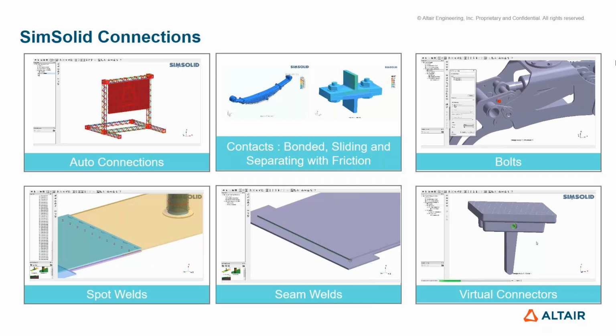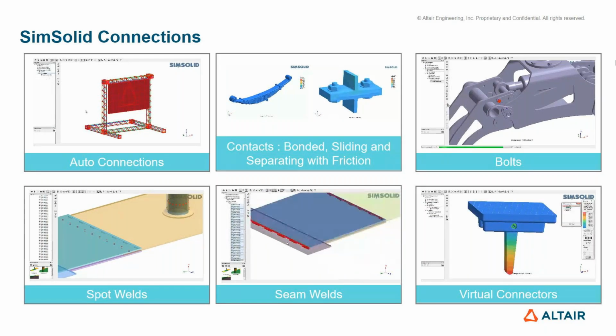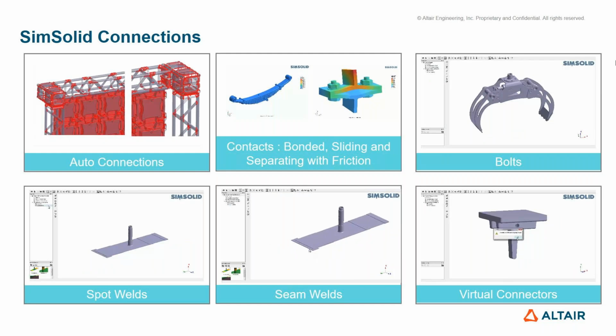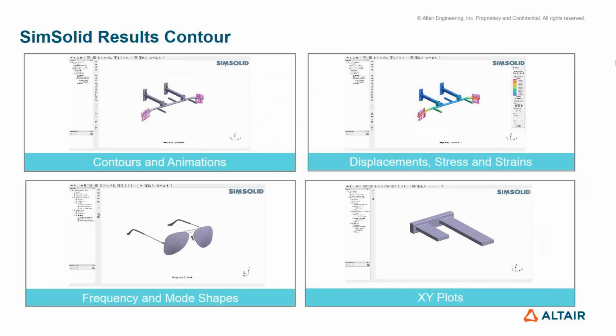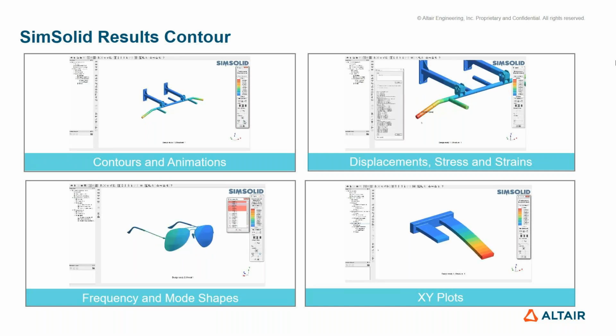You will be able to create spot weld, seam weld, and virtual connectors with SimSolid. These are some examples of contours, for frequency and mode shape, for static analysis, and for buckling analysis.